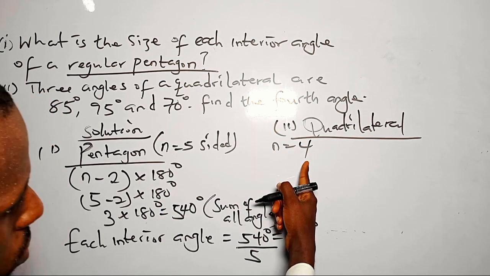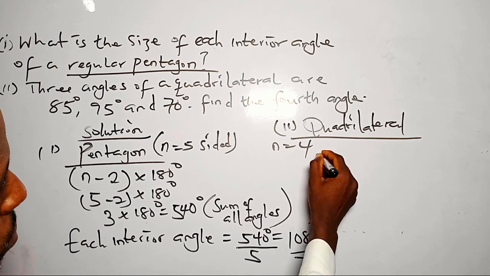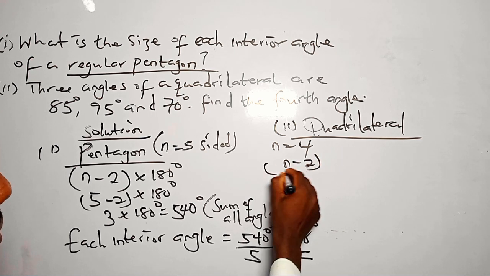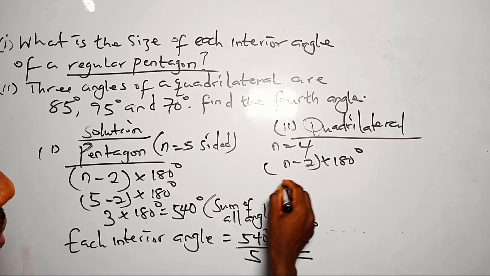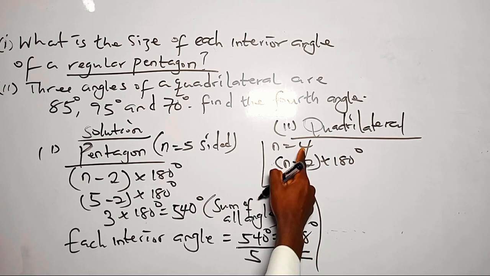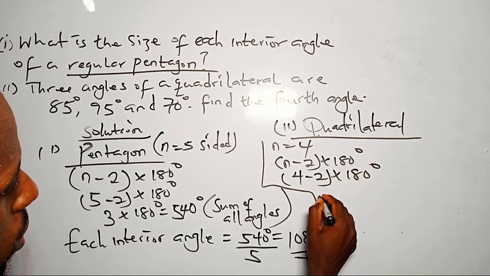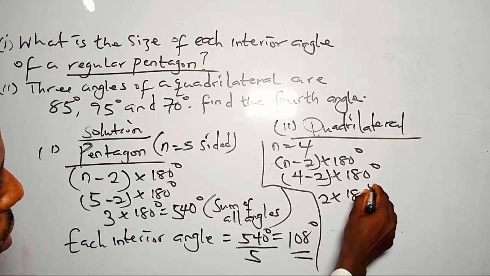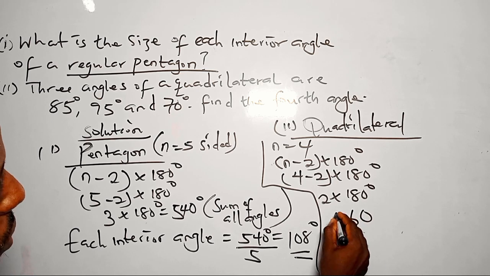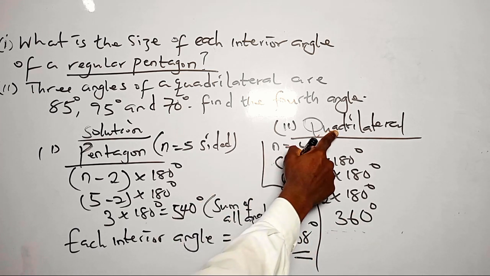Let's determine the total sum of angles using this formula, n minus 2 times 180 degrees. For n equal to 4, 4 minus 2 times 180 degrees, we have 2 times 180 degrees, which is 360 degrees, the total angles in the quadrilateral.